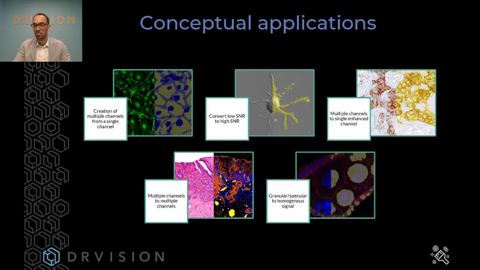And one final example is to convert images that have a very granular or specular appearance, like this. It's a nucleus here, and the DNA has been labeled, but the nucleus is not totally filled with DNA. There are areas with less or less compacted DNA, and so the stain doesn't show as clearly.